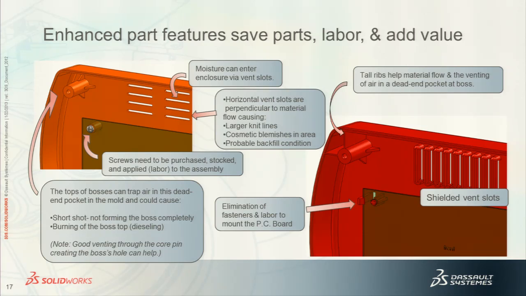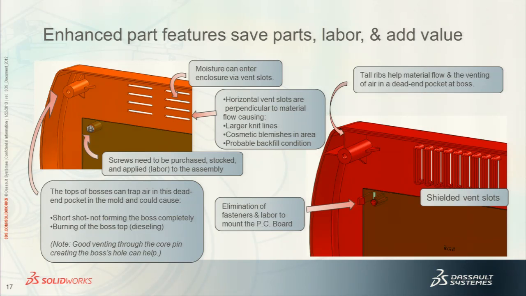So what you want to try to do is these ribs over here allow any air that is trapped in the boss during the fill portion of your cycle. It lets you vent out through your parting line. So there's less chance of you having trapped air at the end of your boss.